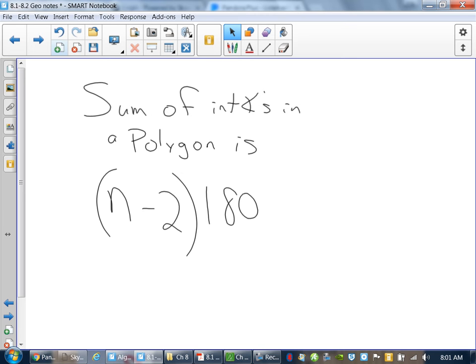If it's 4 sides, it's 4 minus 2 times 180. If it's 3 sides, it's 3 minus 2 times 180, and so on. If it's just 2 sides, it's not a polygon. Remember, a polygon is an enclosed figure. You can't enclose a figure with 2 sides. Well, you can enclose a figure, but then you're talking about a curve.